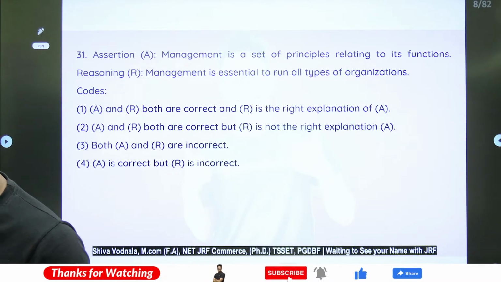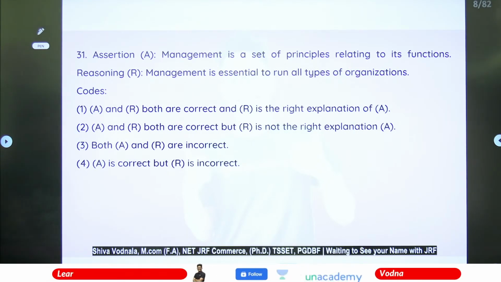Don't zoom, visible. Okay, right. Okay, no issue. Chalo bhai.